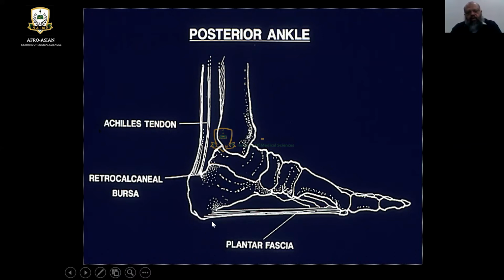Another important structure is the plantar fascia. Its abnormality will be the inflammation of the fascia, which is called plantar fasciitis, usually seen in those who are gaining weight quickly or using higher heels of the shoe.